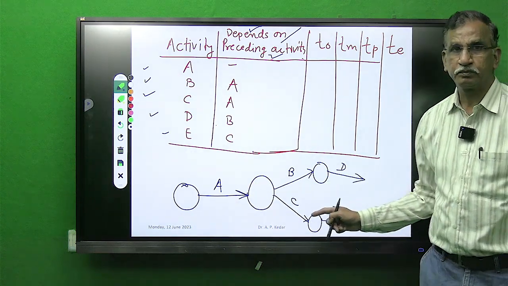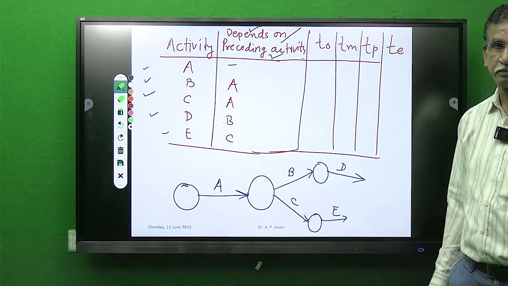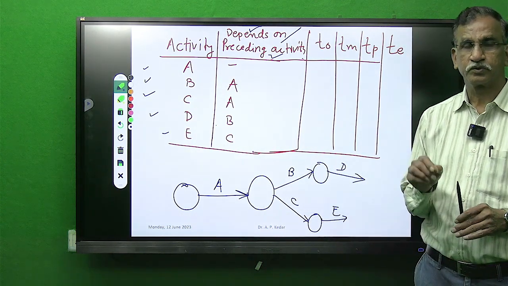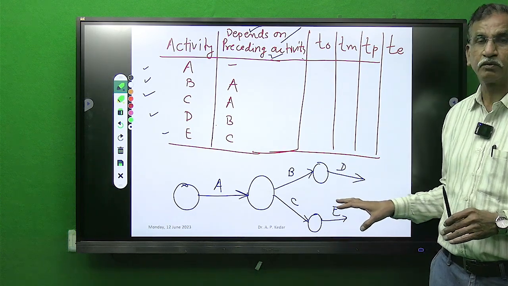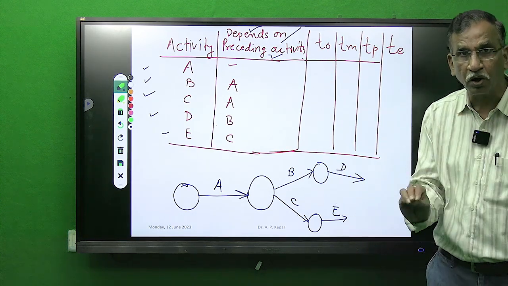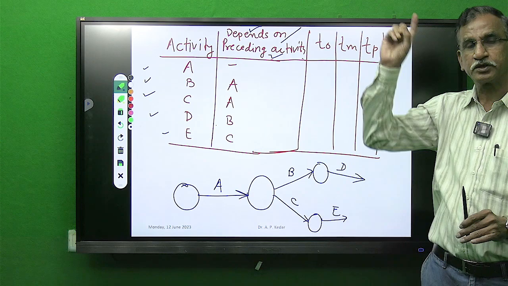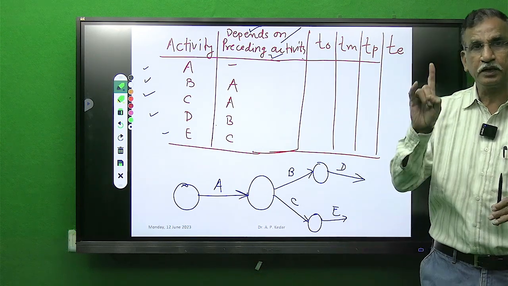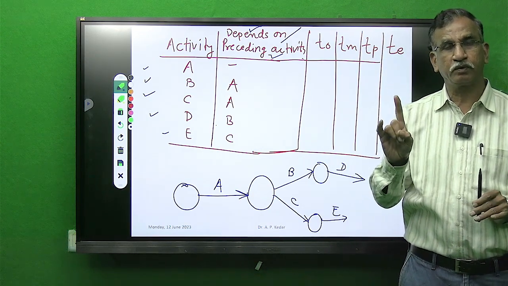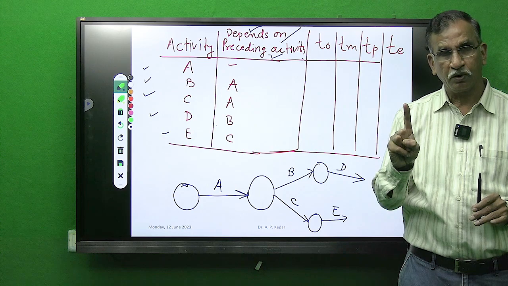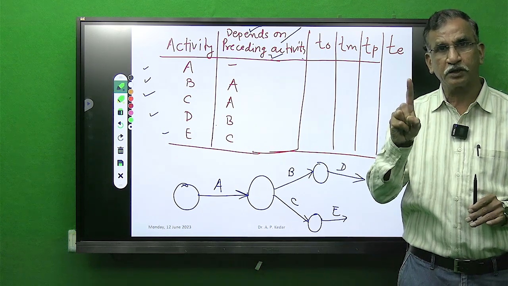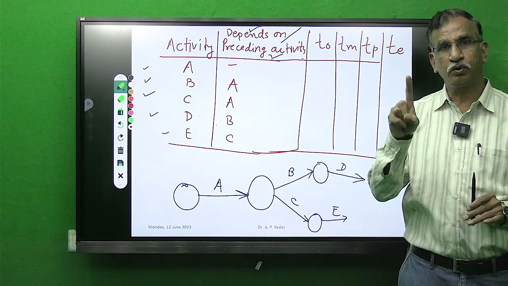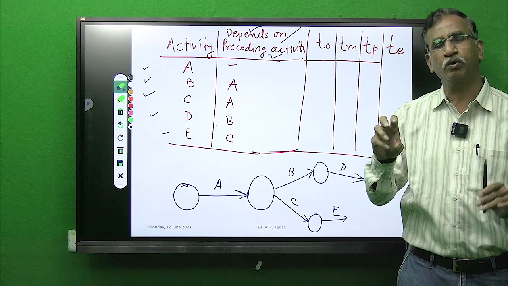Students assume that the network is over, which is totally wrong. Remember my statement that any network will have only one starting event and only one end event.